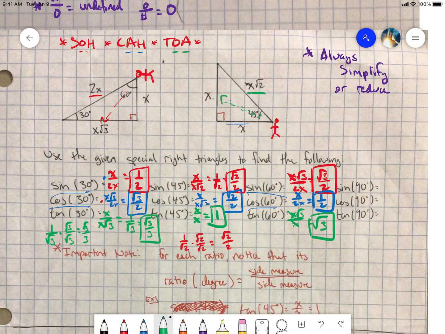And weirdly enough, tangent of 30 and tangent of 60 are just reciprocals. Although the final form looking for this one is rationalized, where we showed that it was 1 over rad 3 and then rad 3. So they are reciprocals. Okay? And then hopefully by now you remembered sine, cosine, and tangent of 90. What's sine of 90?